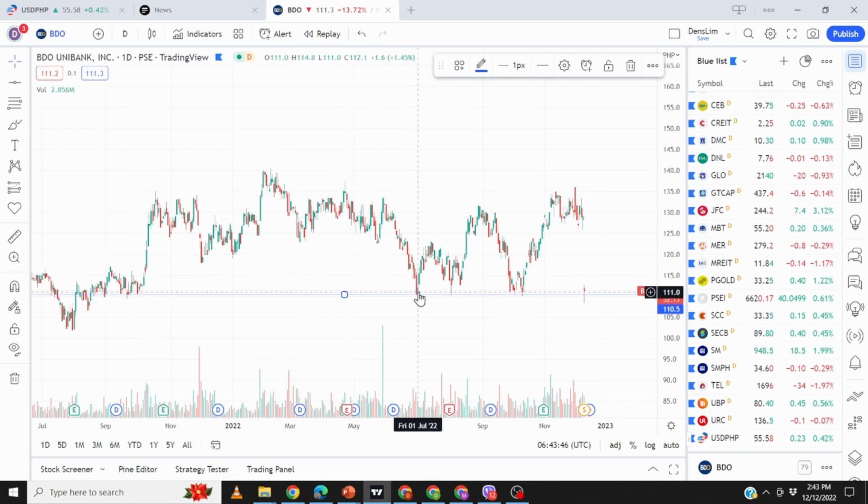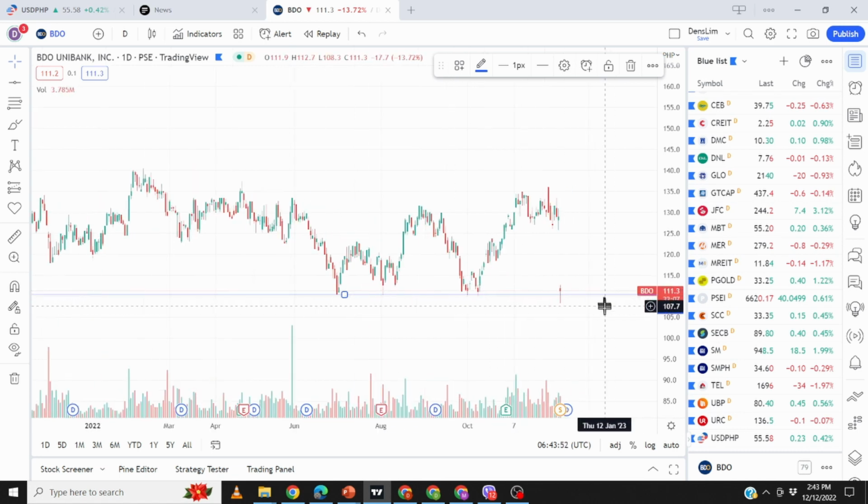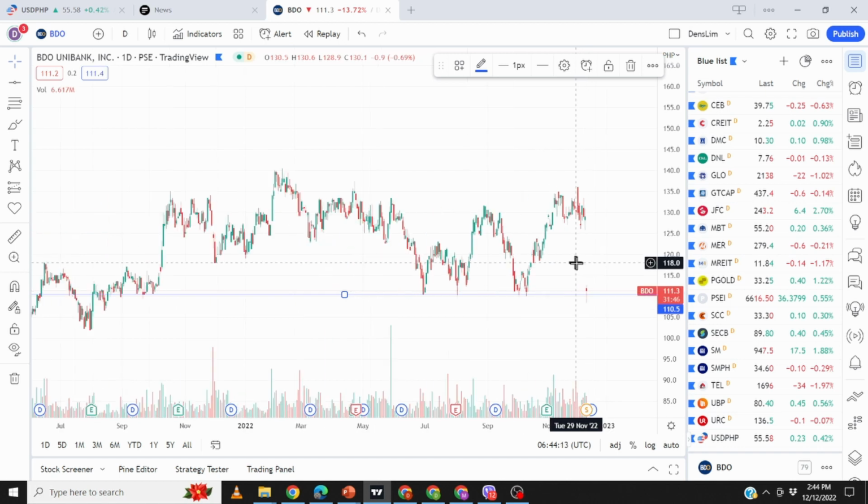Even if it went down last June, again in August, it held at that level. So today, BDO had a stock dividend, so the price dramatically went down because the X date was today, no? But it held at 110. It's now holding at 111, no? So we will wait and see if that support holds and then buy more, right?